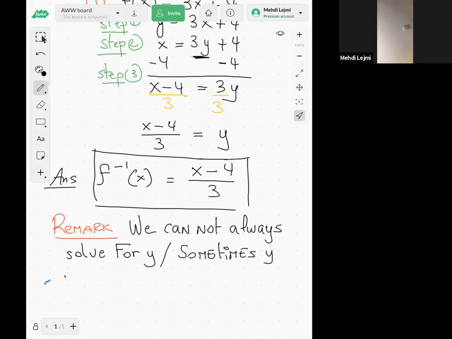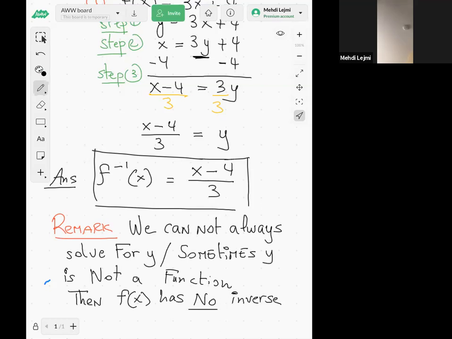If you cannot solve for y, or if your y is not a function, then f of x has no inverse. Not all functions have an inverse.